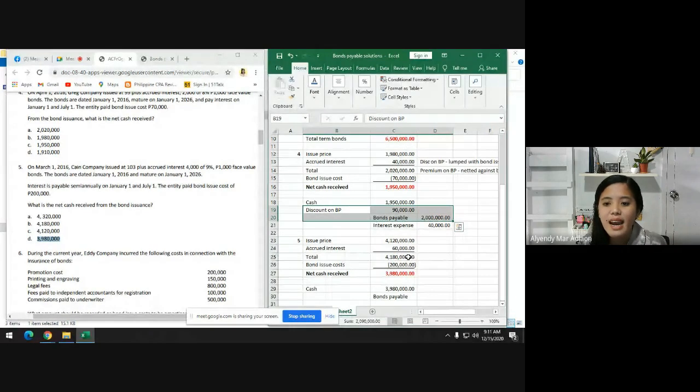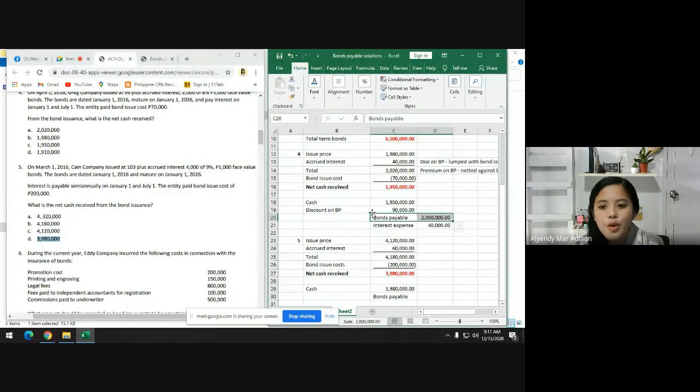So kung pangutana, how much is the carrying amount of the bonds payable? Kung there is a number 4, that would be 2 million minus 90,000. So it should be 2 million minus 90,000. It should be 1,910,000. Okay? Kana ang iyahang carrying amount. No? Kani siya, sa account title lang niya siya, 2 million.